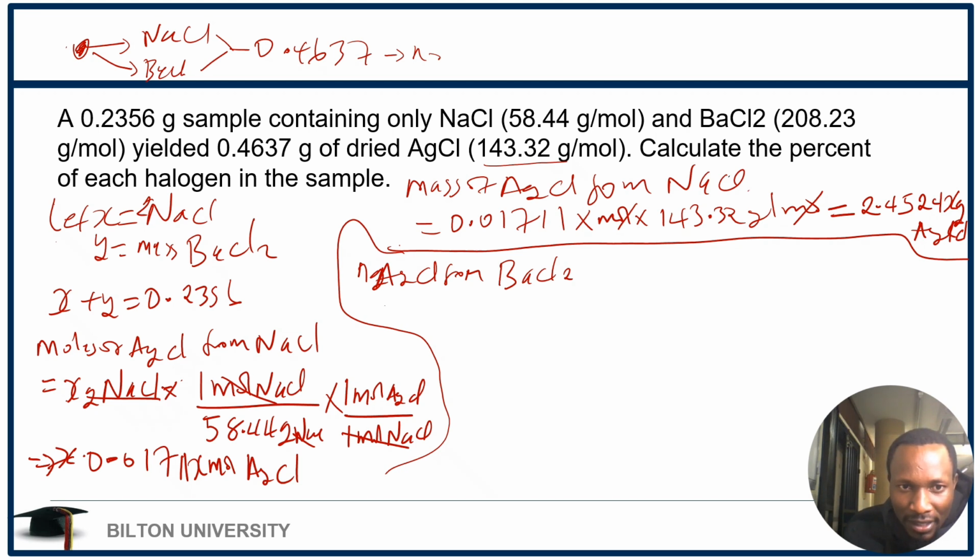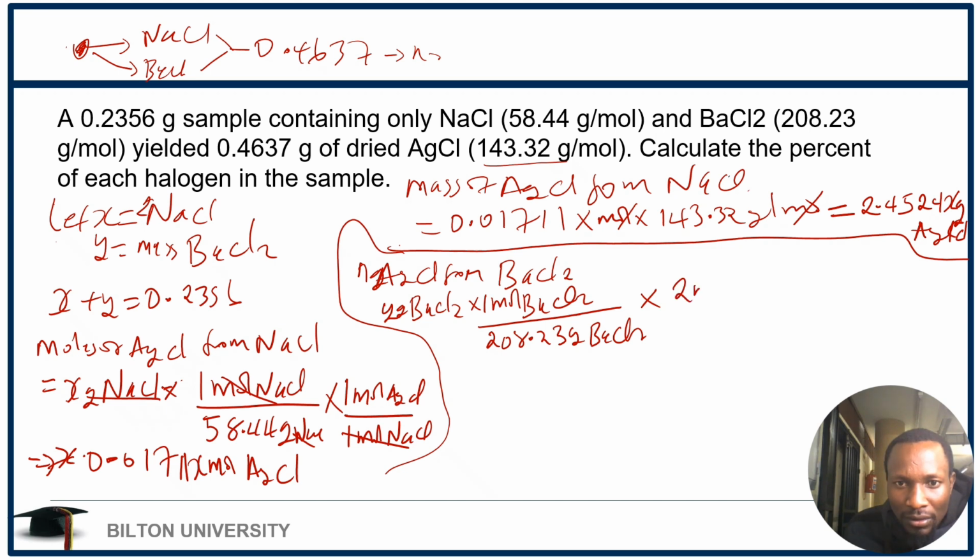So Y grams of barium chloride times 1 mole of barium chloride divided by the molar mass of barium chloride, which is 208.23 grams, times 2 moles of silver chloride.